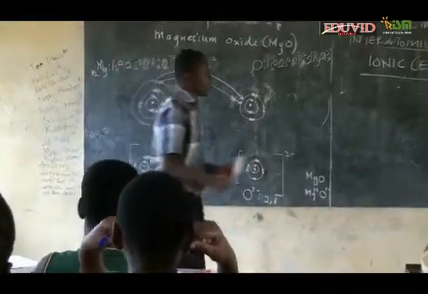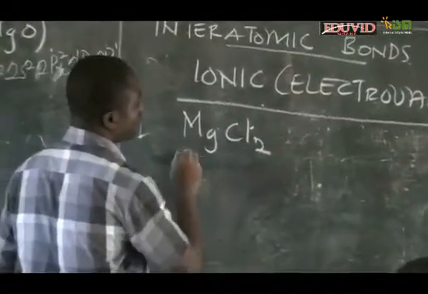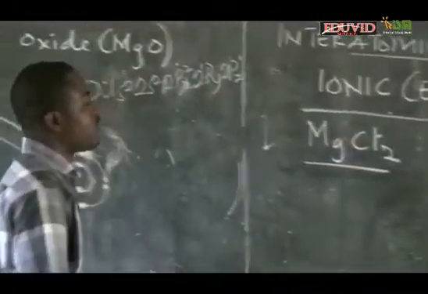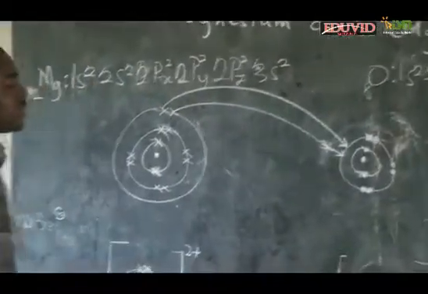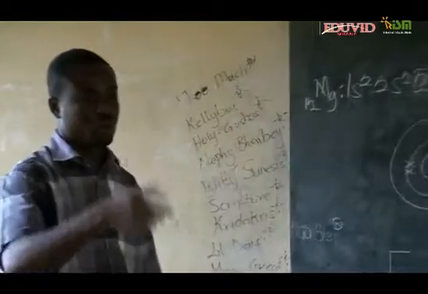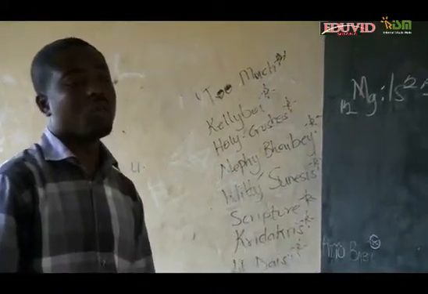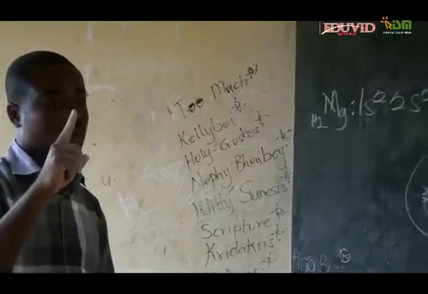Right. But if you have, let's say, the last one, formation of magnesium chloride. Now here too, the magnesium is expected to lose 2 electrons to the chlorine. But there must also be 2 chlorines, because 1 chlorine can accept only 1 electron. Is that okay?